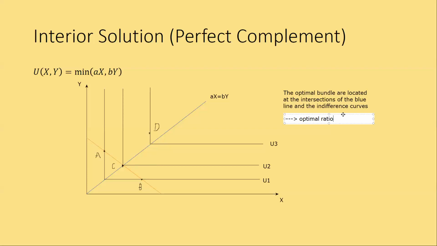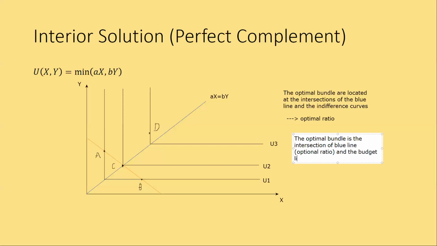All right. The optimal bundle is the intersection of our blue line, which describes the optimal ratio, and the budget line.